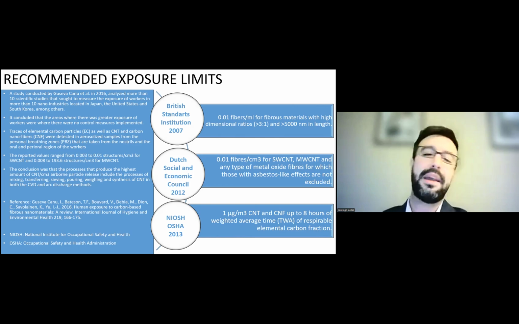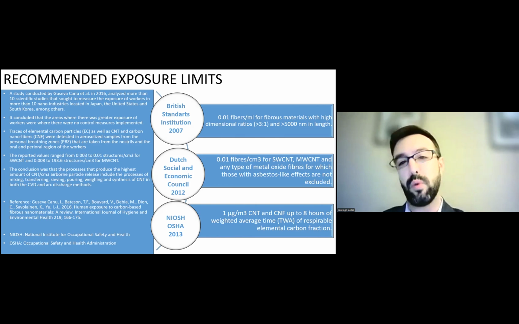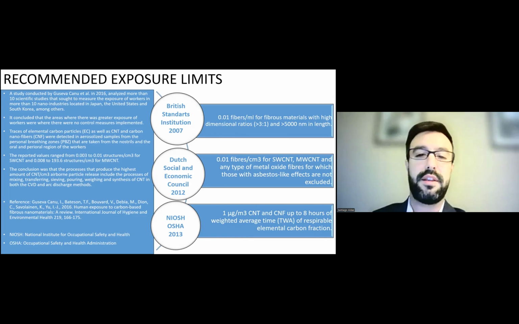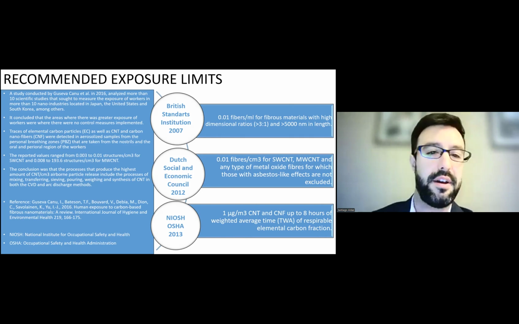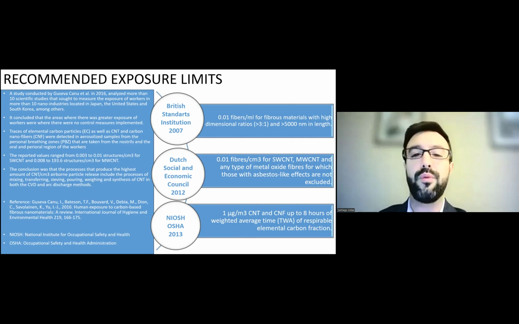Okay, they found mainly single-wall carbon nanotubes and multiple-wall carbon nanotubes, and concluded that for processes with a lot of phases, such as the mixing, transferring, sieving, probing, weaving, and synthesis of the CNT, the synthesis process of the CVD, the chemical vapor, and the discharge methods were the ones which had the highest percentage of dustiness production in comparison to the other methods.